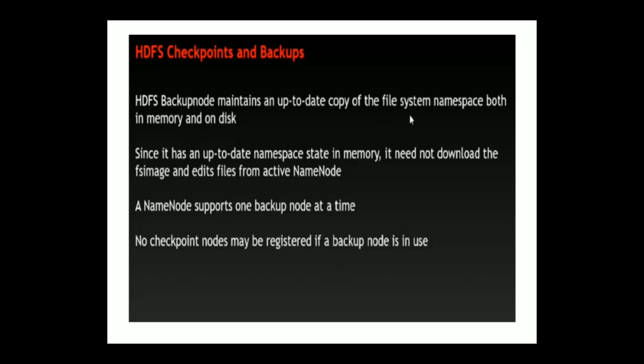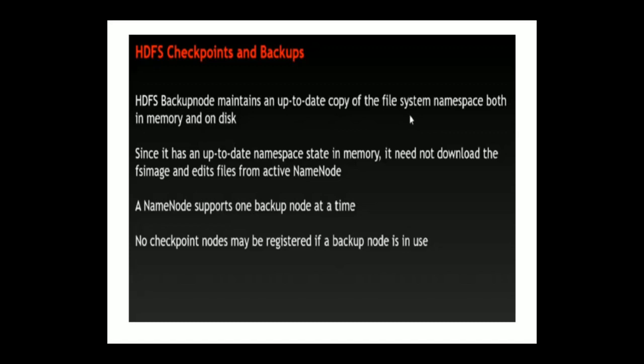In the last few slides I want to explain checkpoints, backups, snapshots, and the gateway. We know we have used the name node, which can also work for checkpoints and for backups.